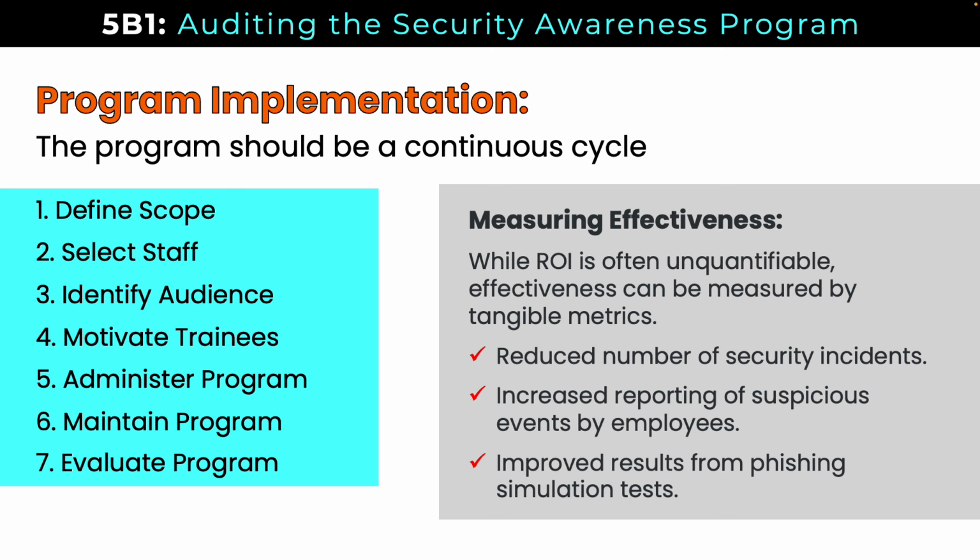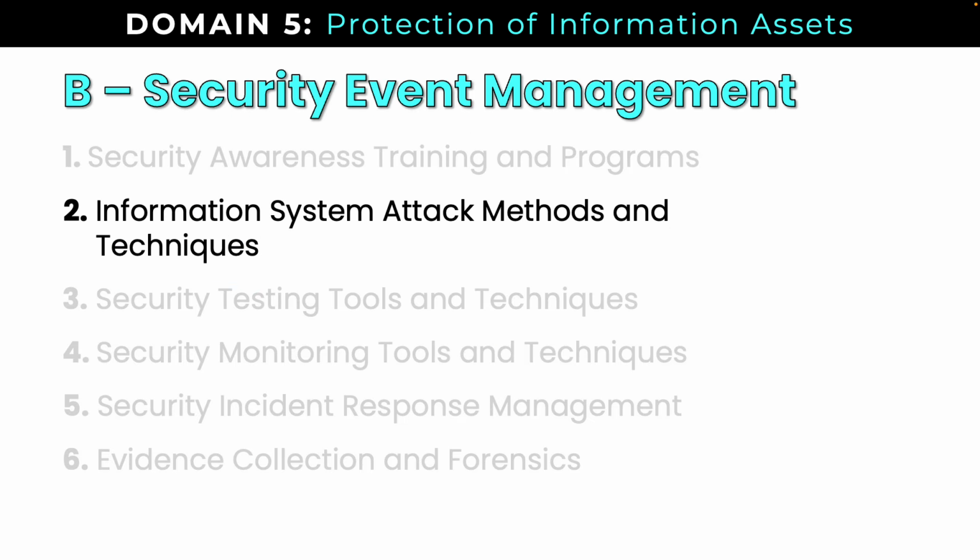In fact, in those phishing simulation reports, we'll often look to see how many employees reported the phishing simulation as a phishing email. And more people reporting tells us that our awareness training is making a difference. All right, let's move on to number 2, information system attack methods and techniques.